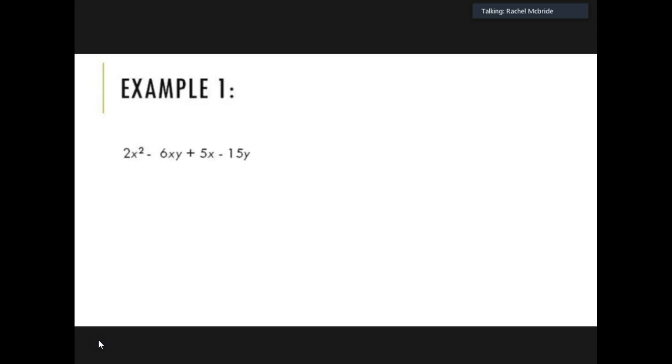We are going to group together the first 2 terms. And you're going to group together the last 2 terms. And then you're going to look at each of those individually. So we're going to look at the first 2 terms and take out the GCF.